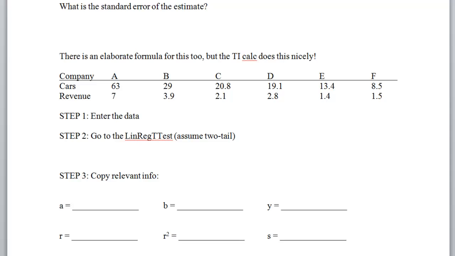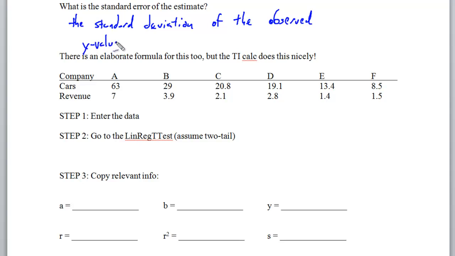The standard error of the estimate is the standard deviation of the observed Y values about the line of best fit, or the predicted Y prime values.